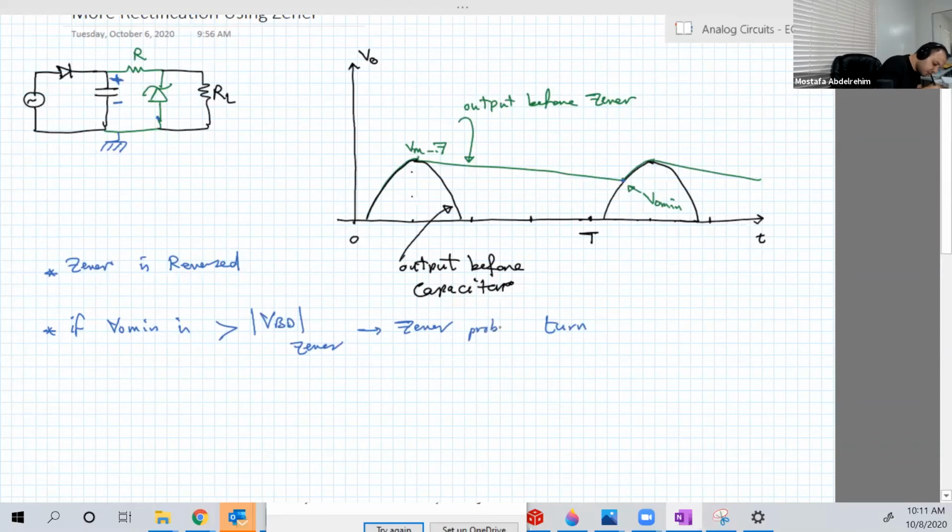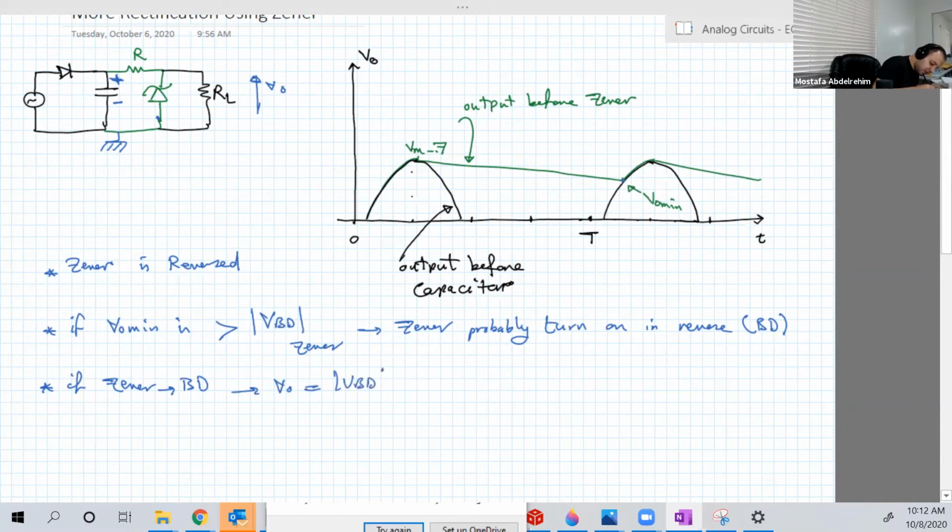Probably turn on in reverse, or breakdown, you can say. And once the Zener is in breakdown, the voltage here, VO, will be equal to V breakdown of that Zener, which is constant.